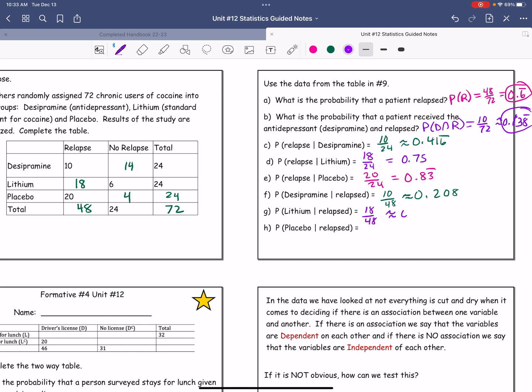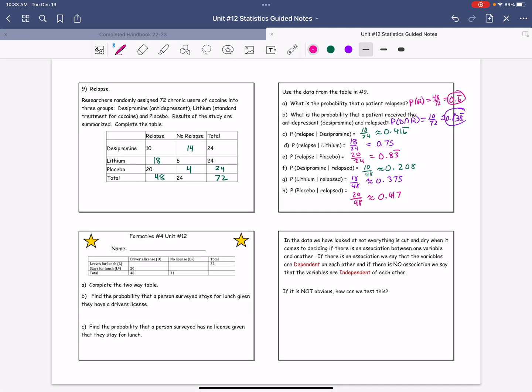It's about 0.375. And placebo given relapsed is 20 over relapsed, 48, which is about 0.417. Okay, nicely done. Next is taking formative 4, and then have me check it when you get back to class. Thanks.